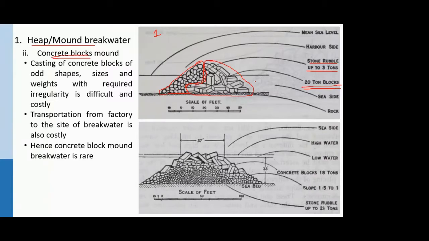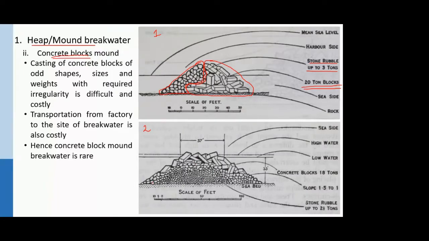The main purpose of your breakwater is to break the forces of your waves, so whatever heavy material we are using, we place it at the seaside. Another combination of this concrete block mound breakwater is the second figure at the bottom.